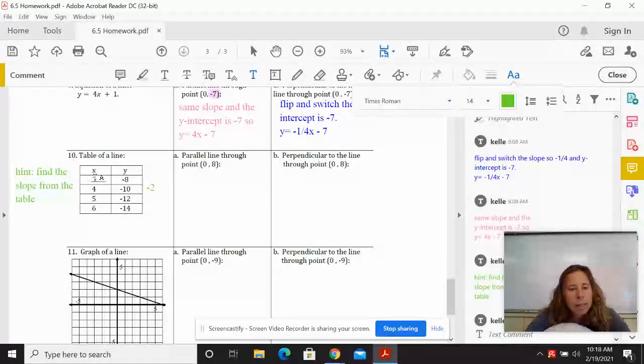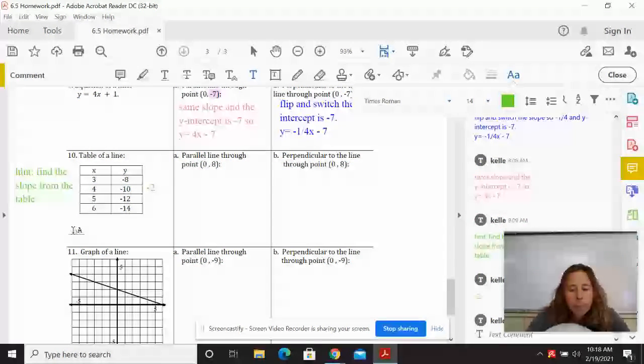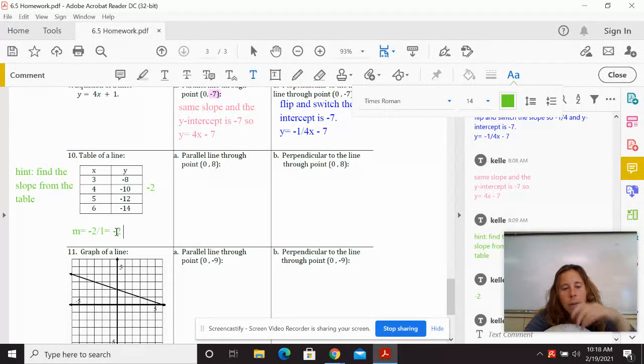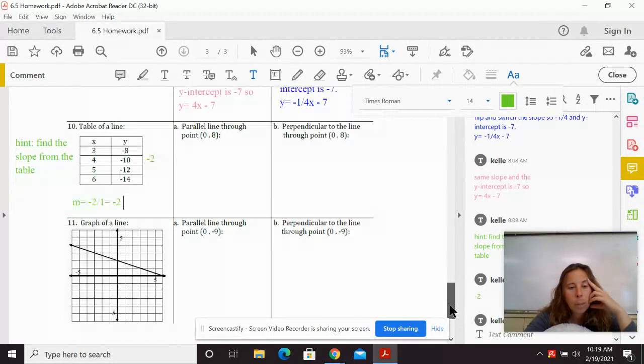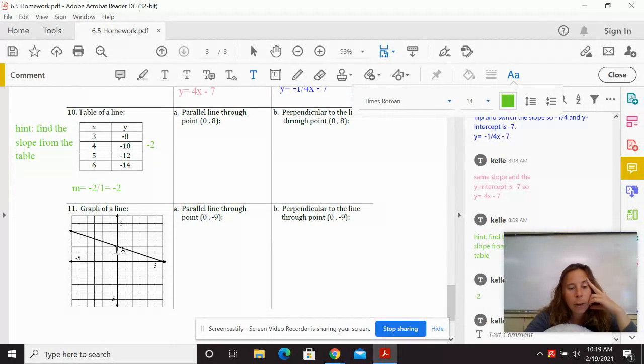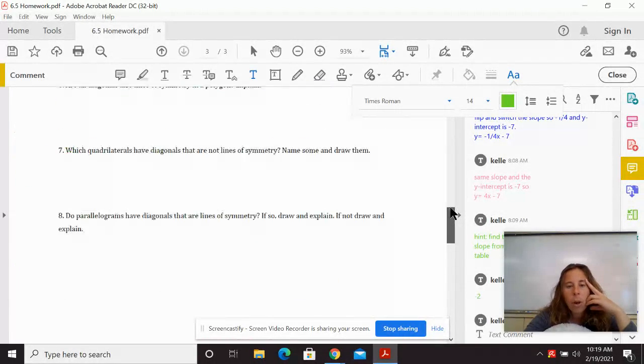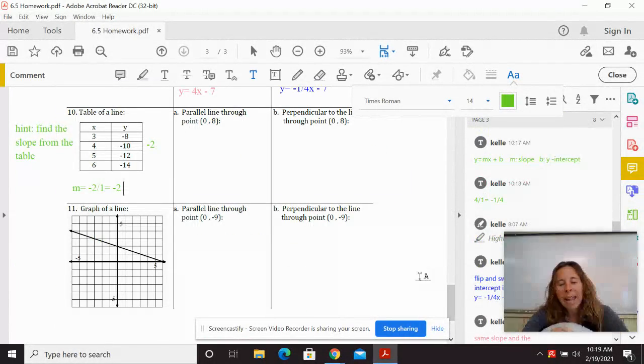My change in x, 3, 4, is going up by 1. So my slope is -2 over 1, which is just -2. Now that you know your slope, you can write your equation for a parallel and a perpendicular line. And for number 11, they give you a graph, so you can figure out the slope from the graph. That's your homework. Have fun.